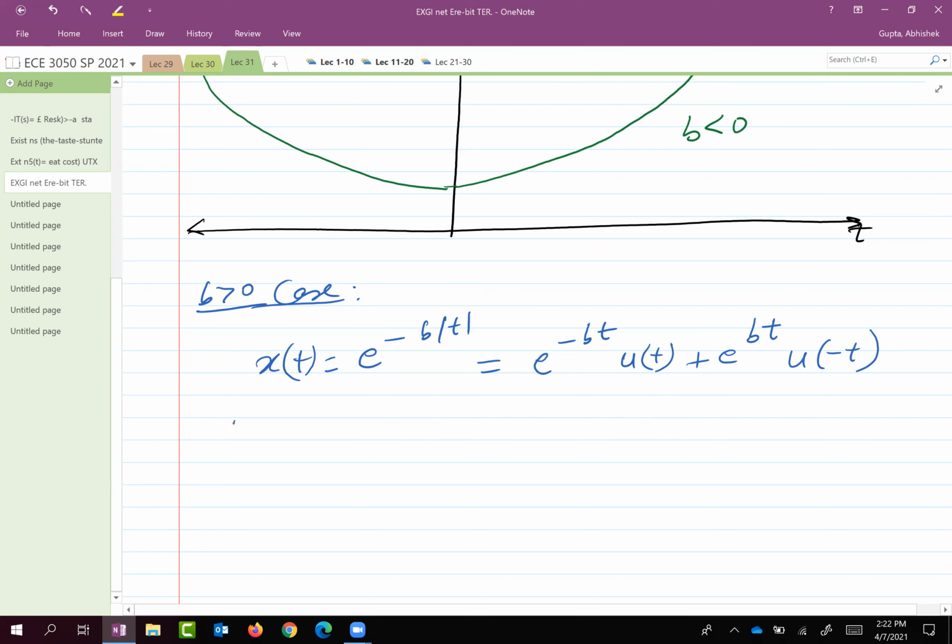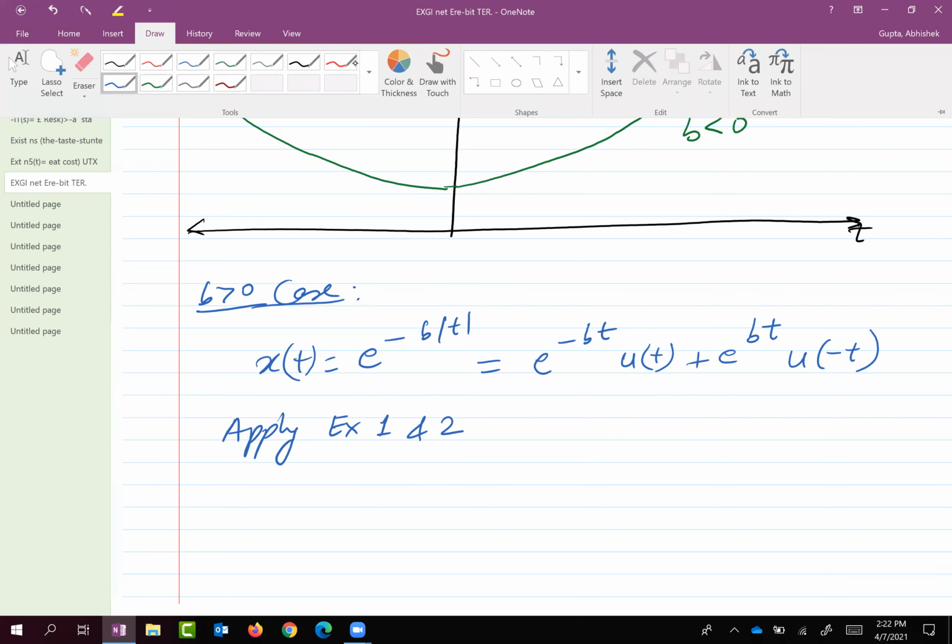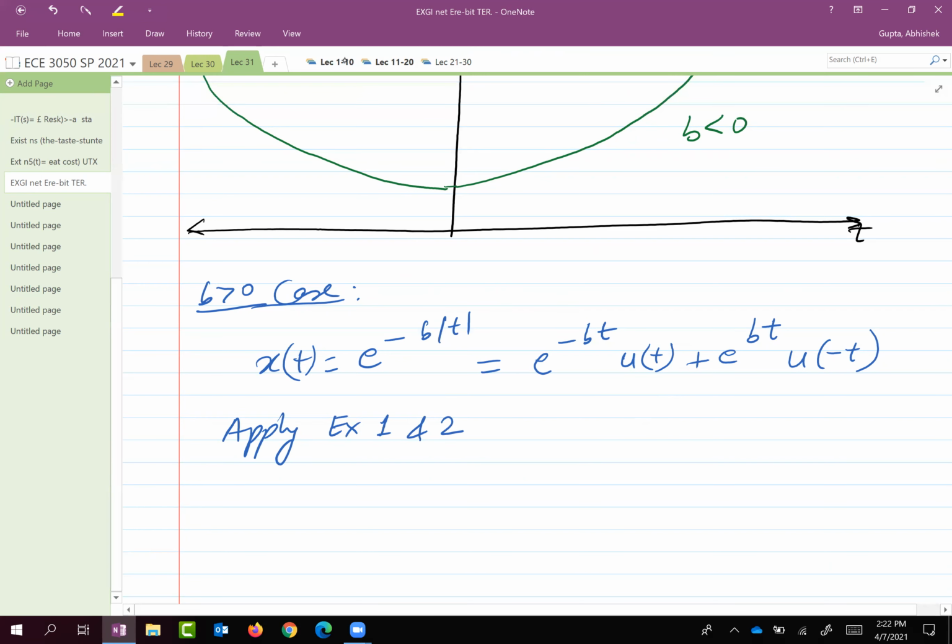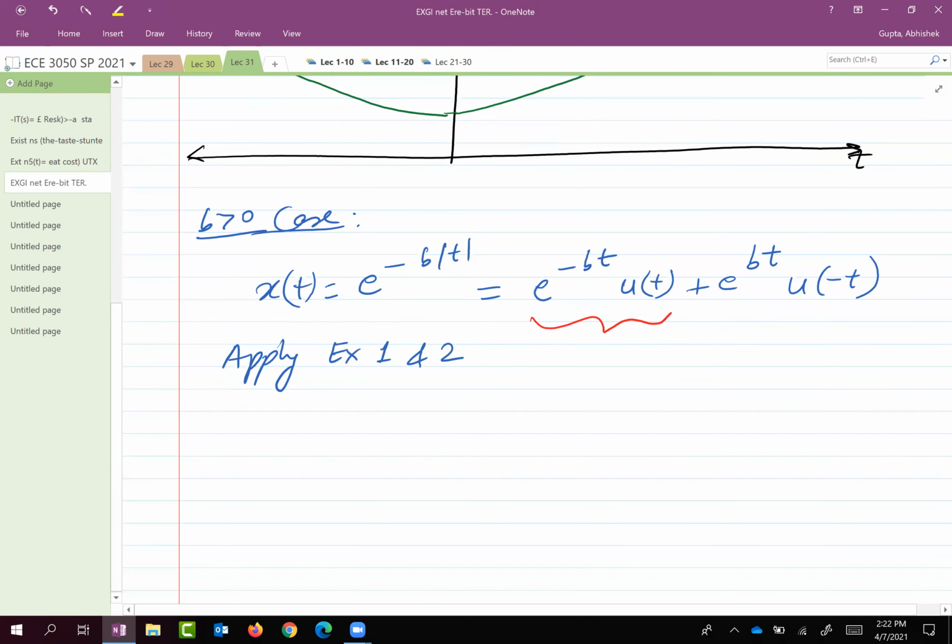Now let's apply example 1 and 2. We notice the following. The Laplace transform of this term is 1 over s plus b. Region of convergence is real part of s greater than negative b.